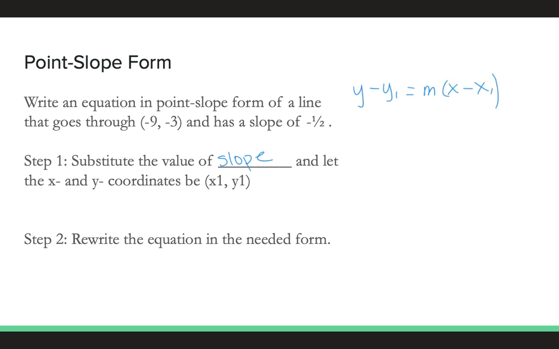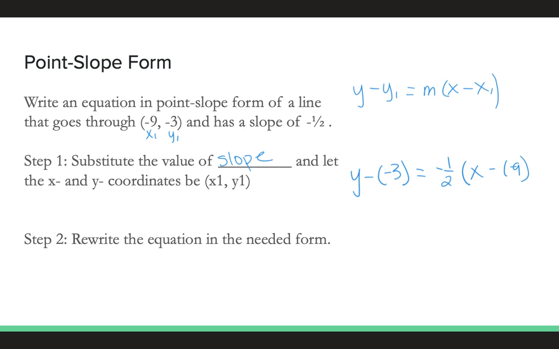There's my original formula. So we would be using these values of -9 and -3 in place of the x1 and the y1. So our equation would look like this. y minus -3 equals 1/2 times x minus -9. That's a lot of negatives.